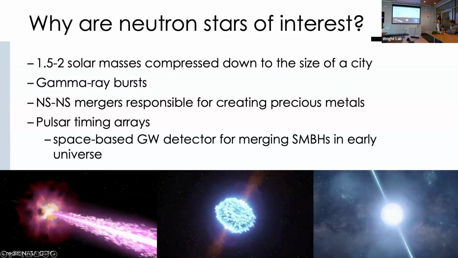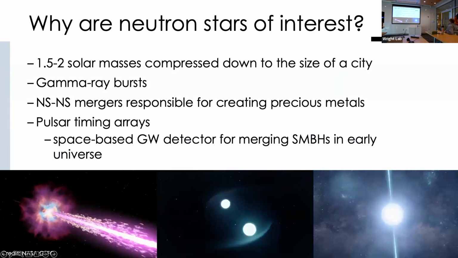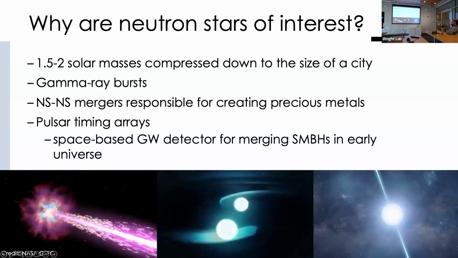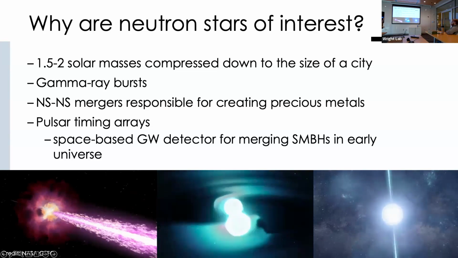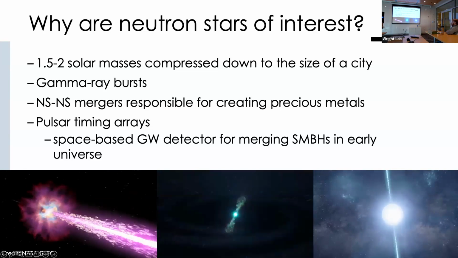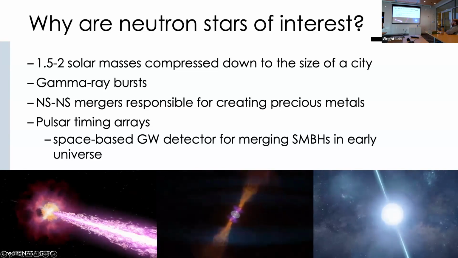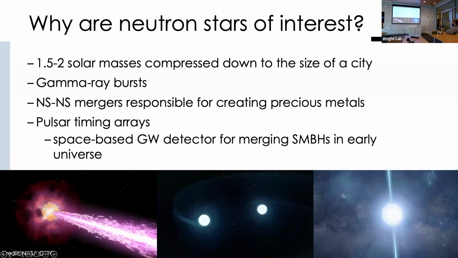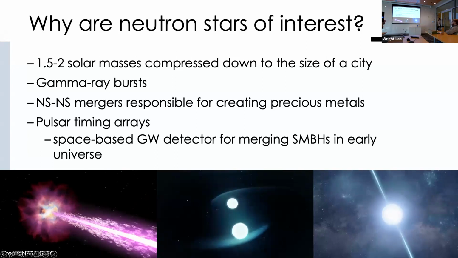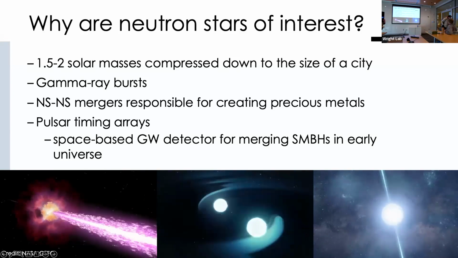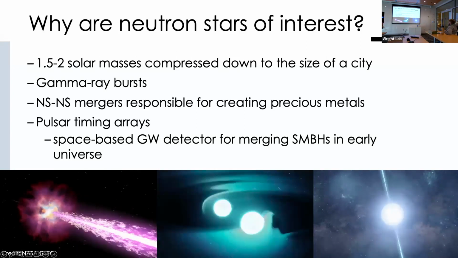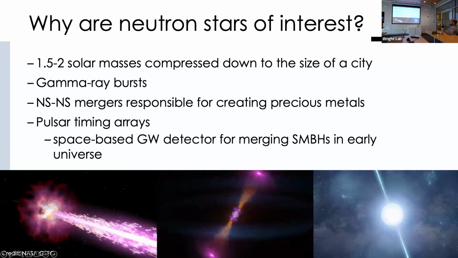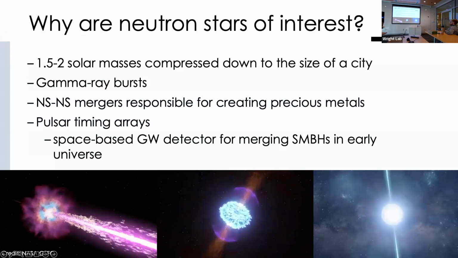And from this, we've been able to utilize them to create pulsar timing arrays for different pulsars around the Earth and use them as space-based gravitational wave detectors that have been able to measure the stochastic background of merging supermassive black holes throughout the universe. And that was just released, I think, about last year. So neutron stars are responsible for a number of energetic phenomena in the universe and facilitating other research like the merging of black holes.